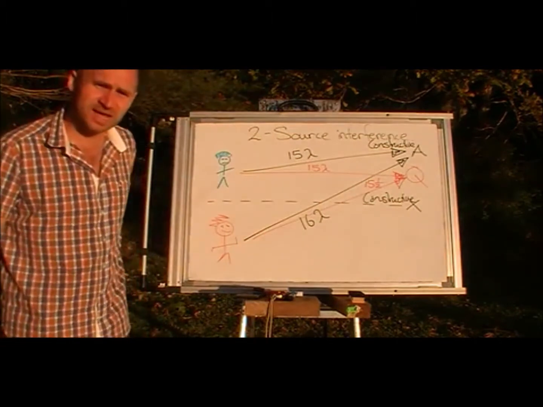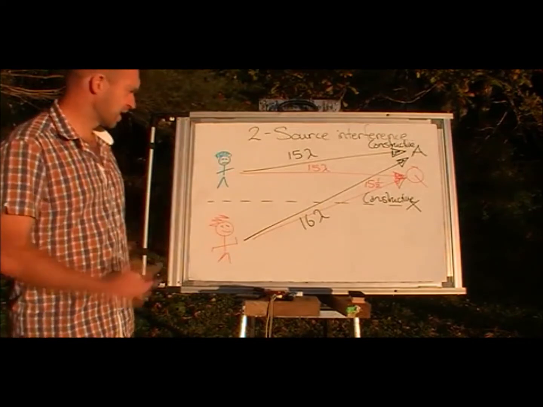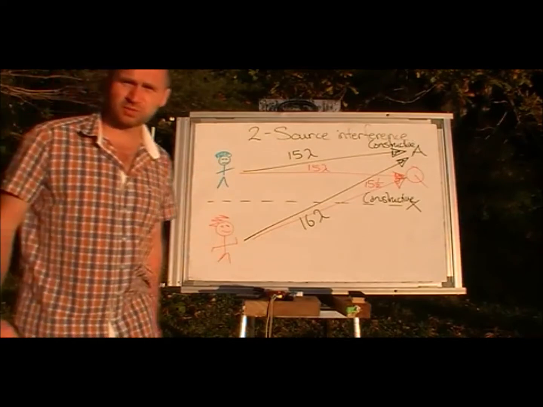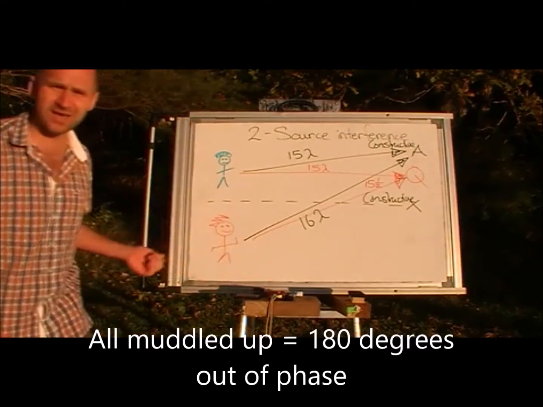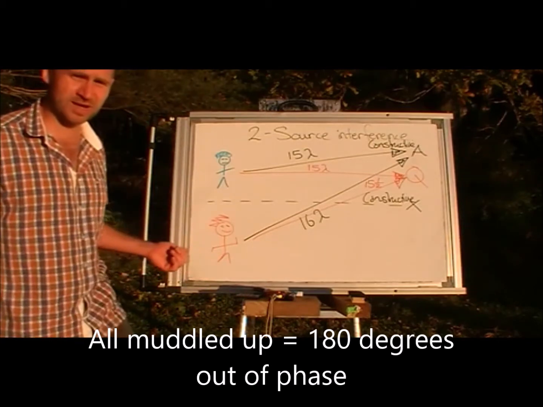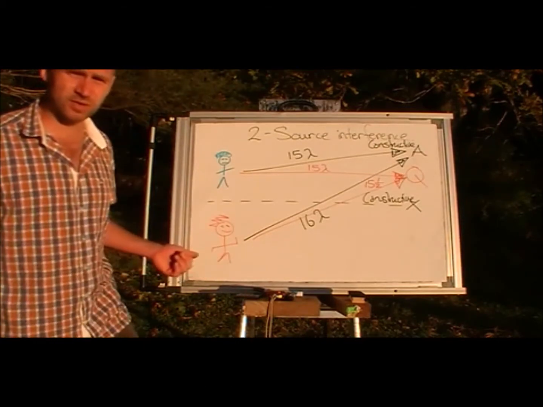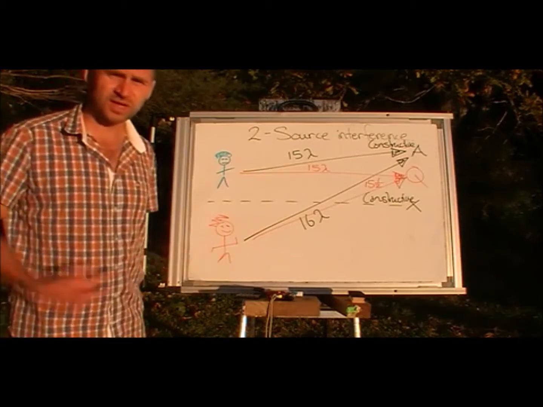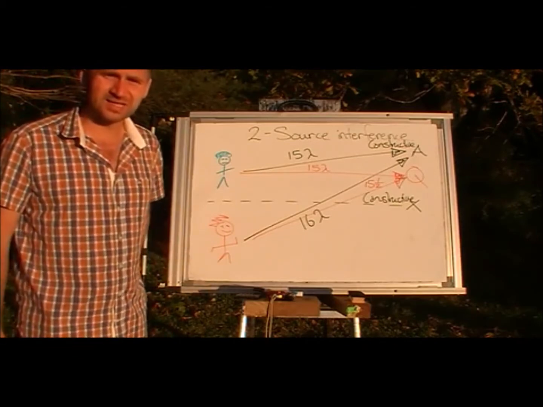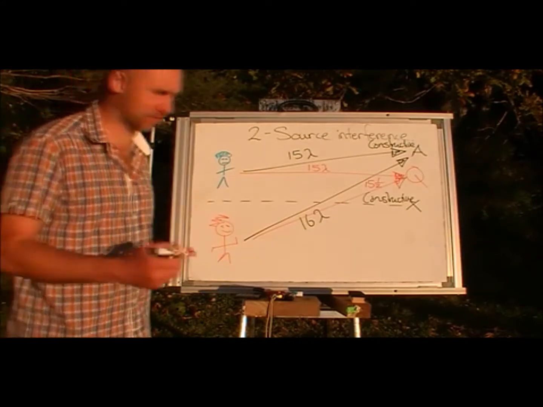And that means that when the blue one arrives, the red one is going to arrive all muddled up. It's going to have its crests lined up with the troughs of the blue one, and its troughs lined up with the crests of the blue one. Thinking back to interference, what does that mean? That means destructive interference.